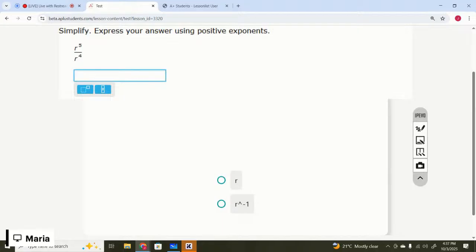R5 divided by R4. That is R. Option number 1 is the correct option.